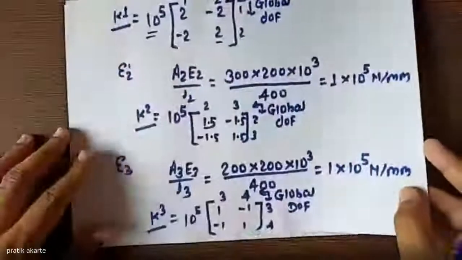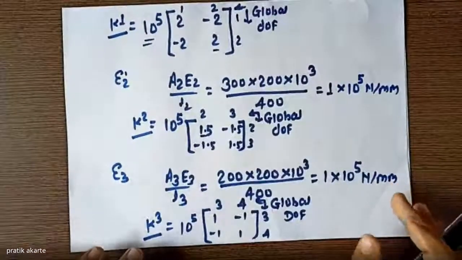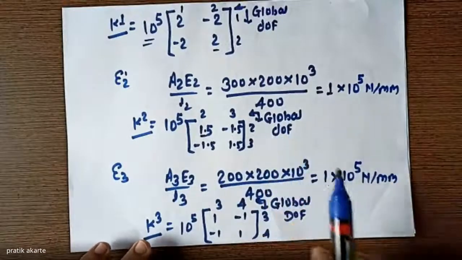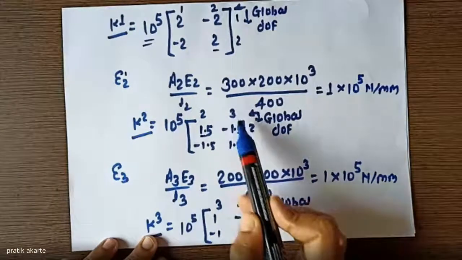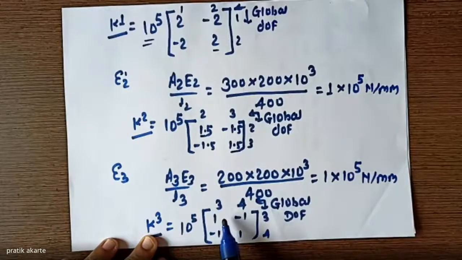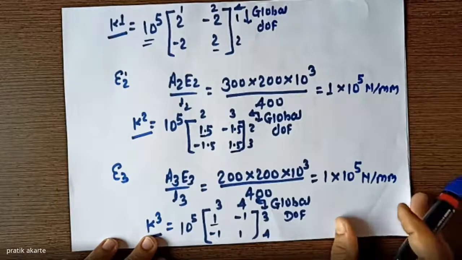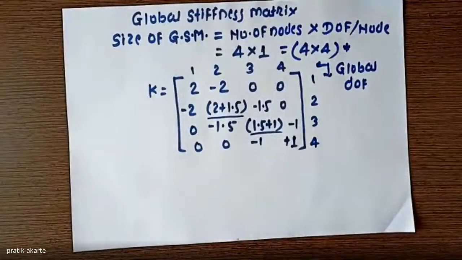So I have to check in the element stiffness matrices the third row, third column, which is 1.5, and in the K3 matrix, third column, third row, it is 1. So thereby it is 1.5 and 1.